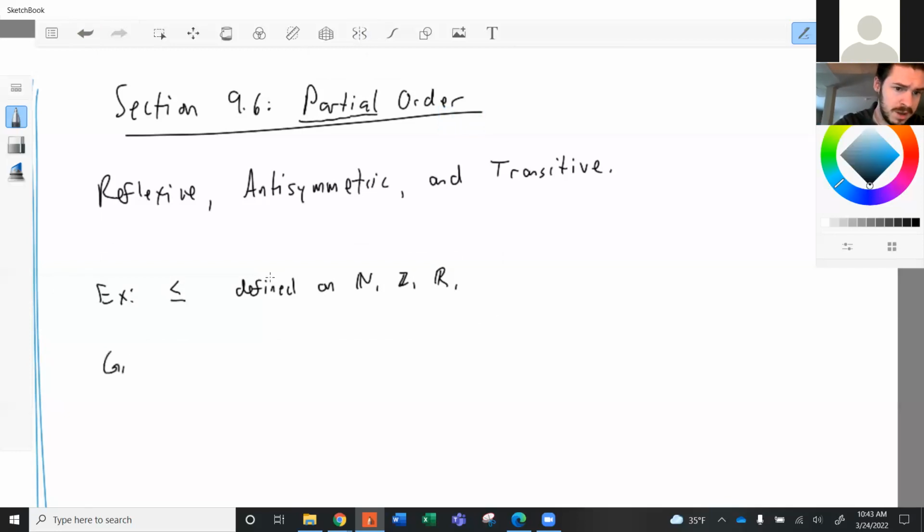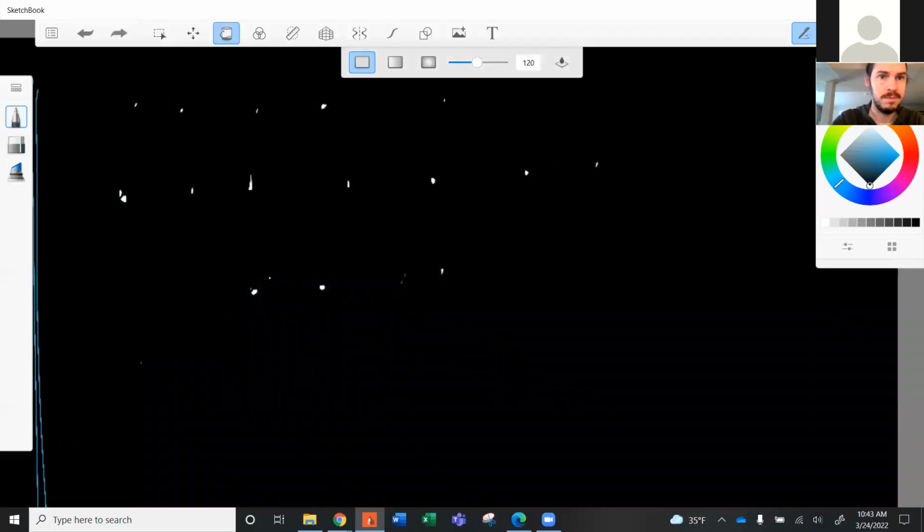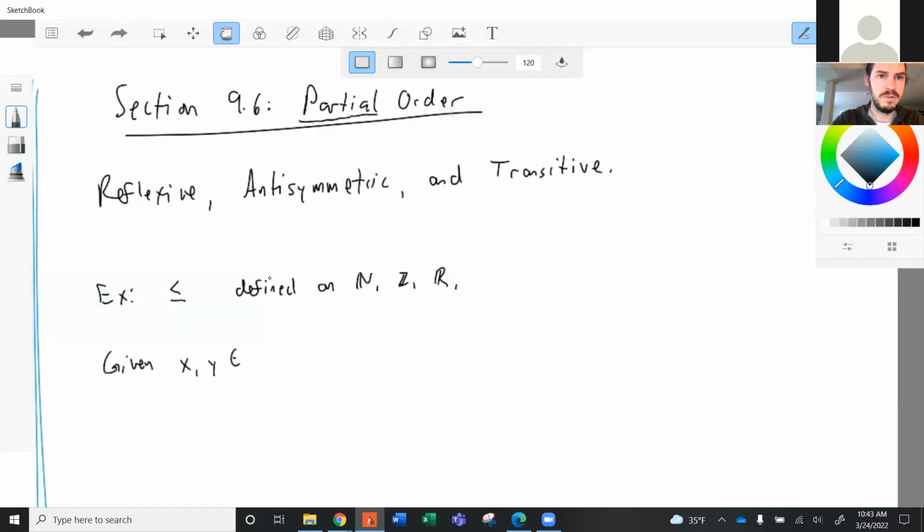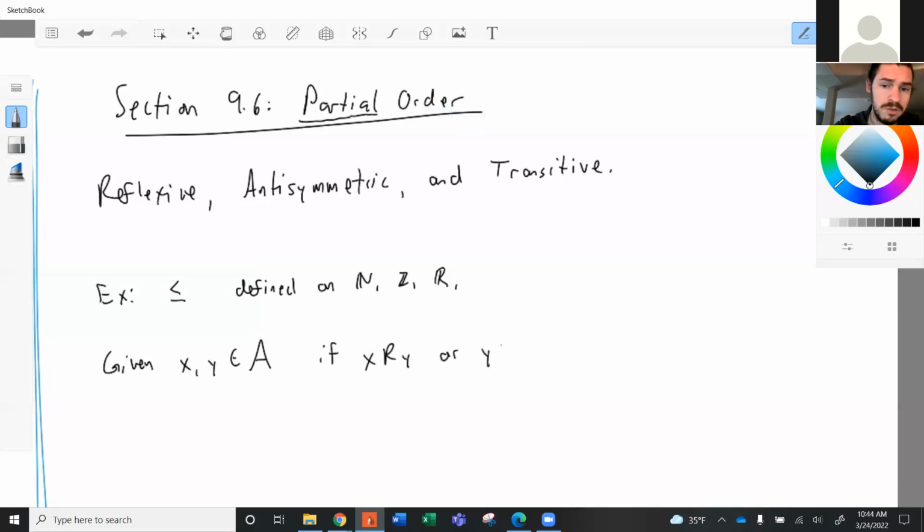Given two elements x and y in a set A, if either x is related to y or y is related to x, then x and y are called comparable. Okay, they're called comparable.